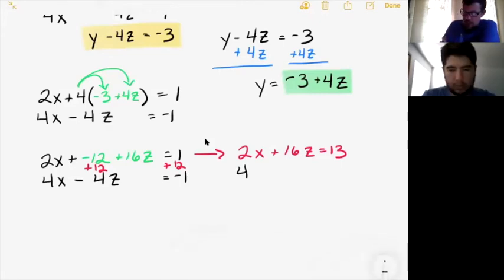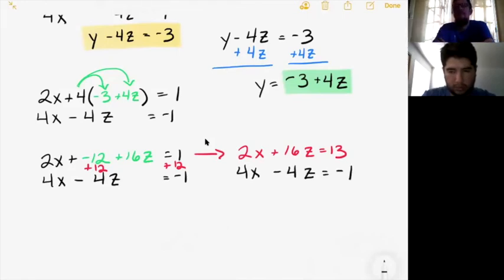It is 4x minus 4z equals negative 1. Adding those equations right now is not helpful to me because nothing will eliminate when I add them. So what could I multiply top or bottom by to do some elimination?